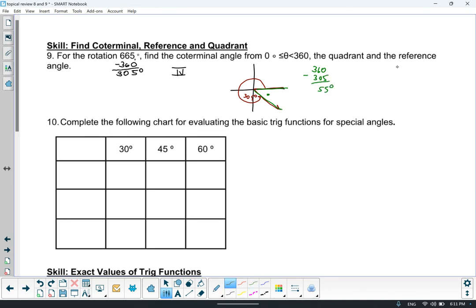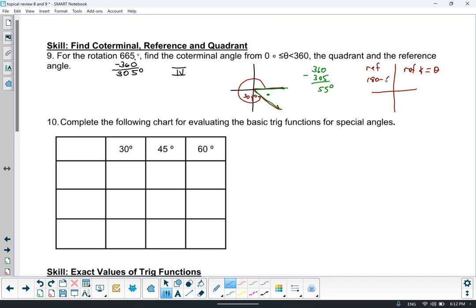The other thing you could do is use, from way back when, that chart for reference angles. So if your angle lies in quadrant 1, the reference angle is equal to the angle. If your angle lies in 2, the reference angle is 180 minus the angle.